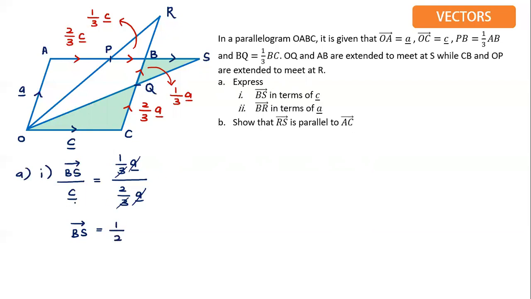The C over here, if you bring it to this side, is going to be multiplied, so you have C over here. And this is your answer for BC. Done. So we move on to the next one, they ask for BR.